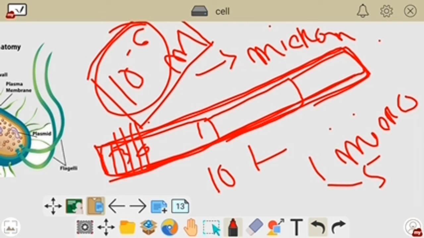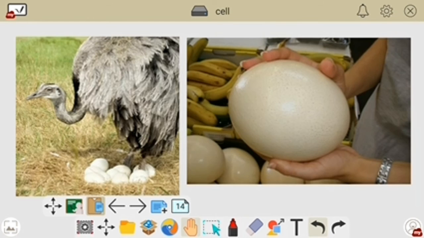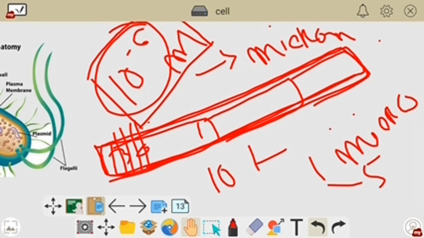Let's see what the smallest cell is. The smallest cell is the bacteria mycoplasma. 1 micron means 10 to the power minus 6 meter.